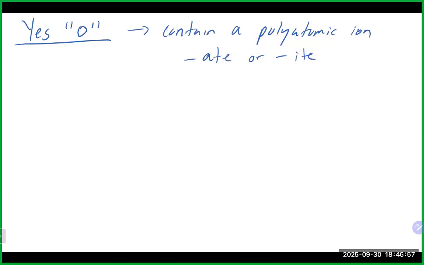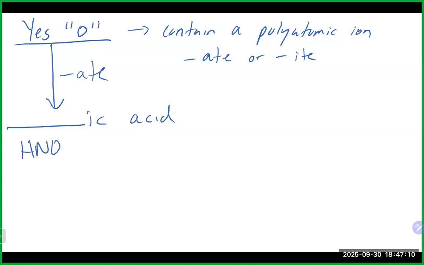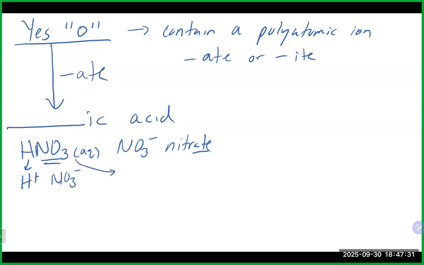So if your acid has oxygen and your polyatomic ion ends in ate, your acid name will be something ic acid, like HNO3, which also gets the aqueous symbol. NO3 is NO3 minus, which is nitrate. By the way, the cation here is H plus, and the anion is NO3 minus. Because this ends in ate, this is nitric acid.